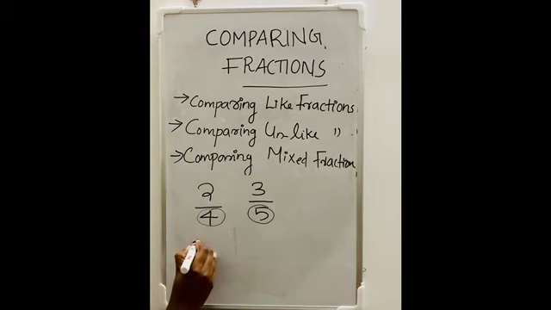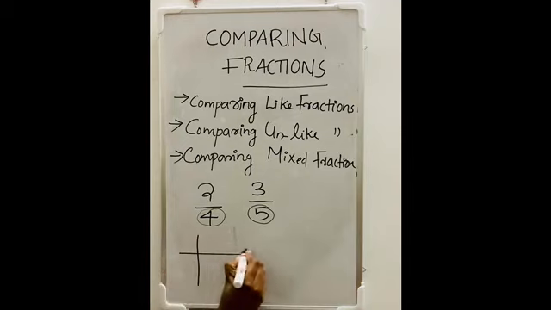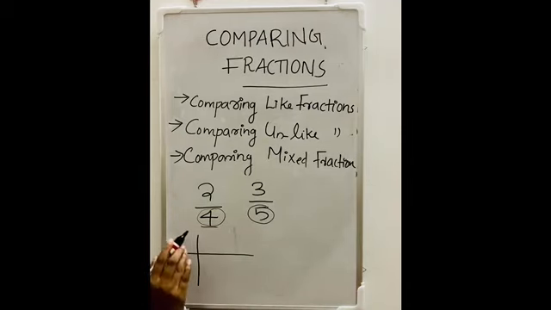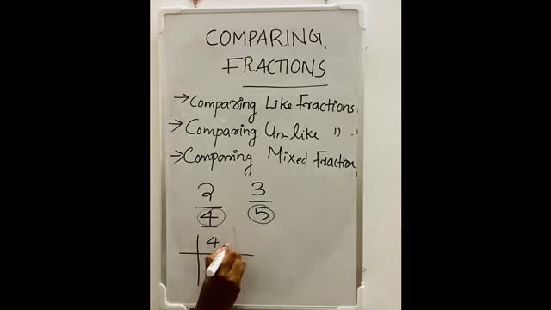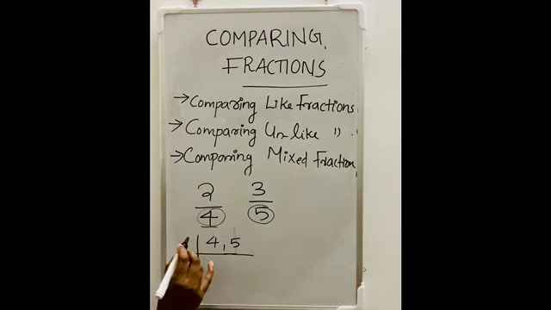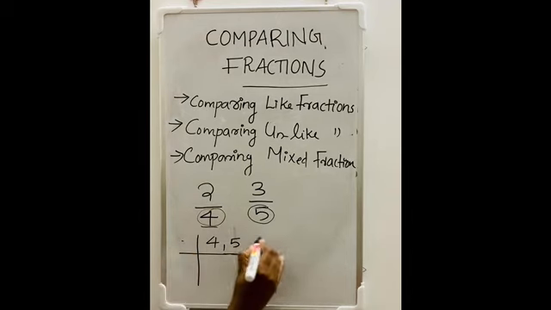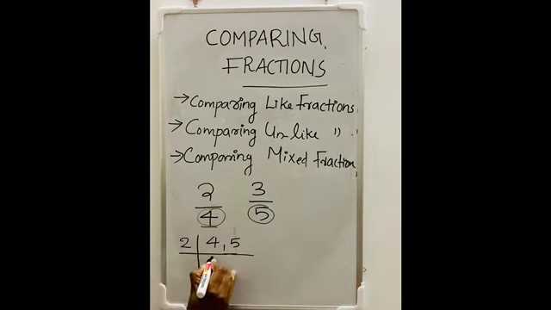For converting unlike fractions to like fractions, you just find the LCM of the denominators. So the LCM of 4 and 5. How to find the LCM? We can choose 2 here, and 2 twos are 4, and we take the 5 down.